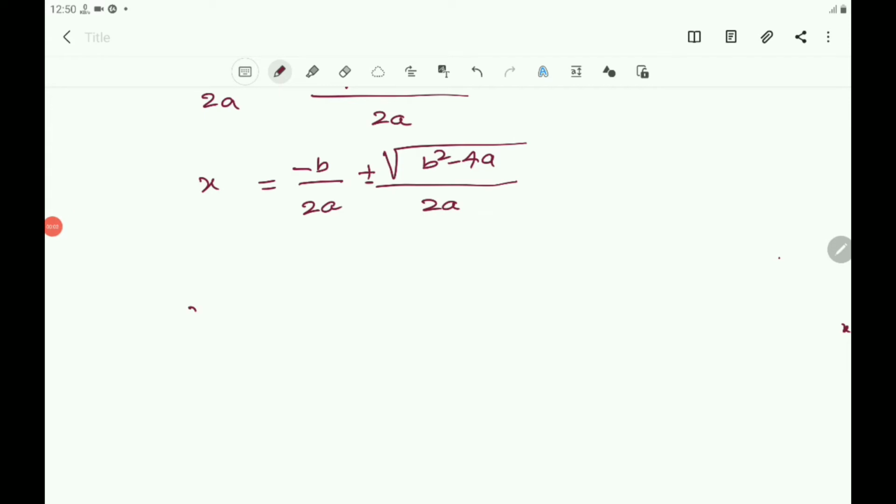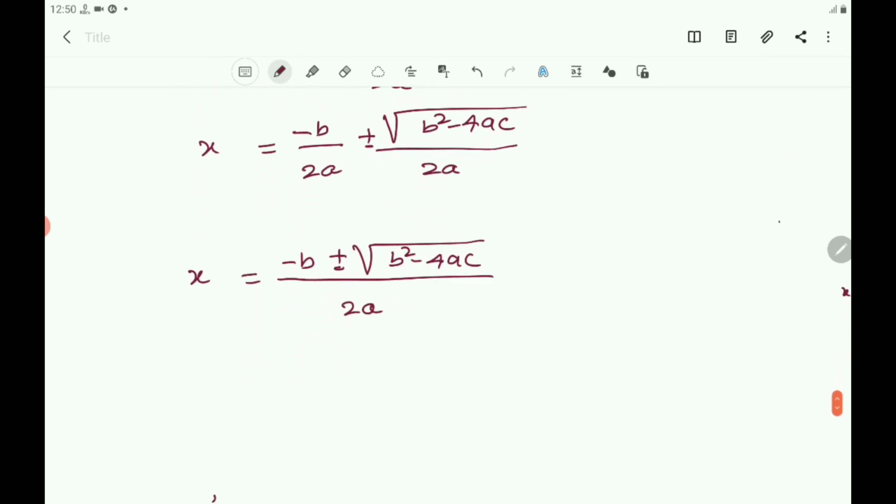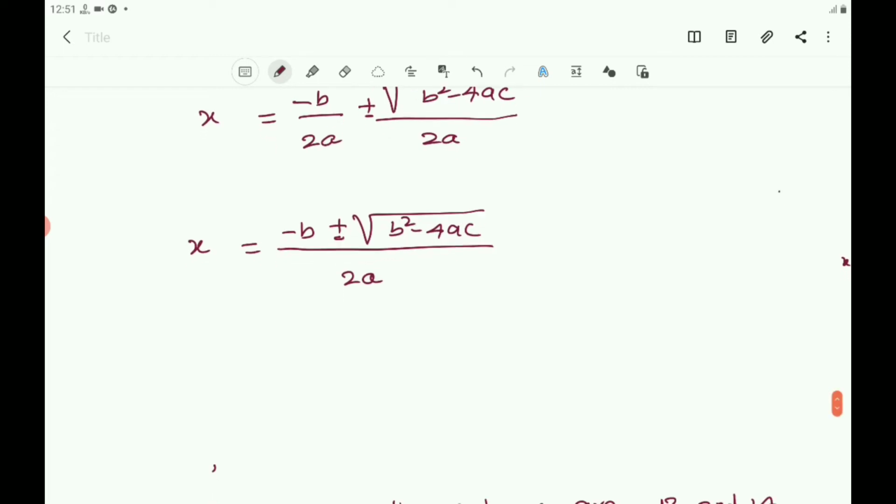Then you will get x equals, here the LCM is 2a, and minus b plus or minus whole root b square minus 4ac. So x equals minus b plus or minus whole root b square minus 4ac by 2a.